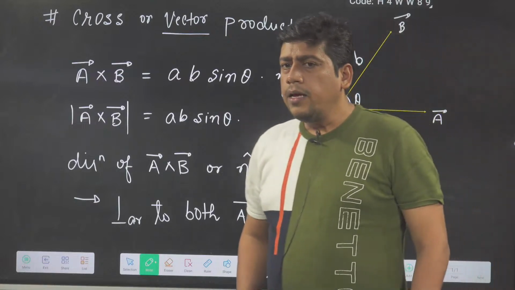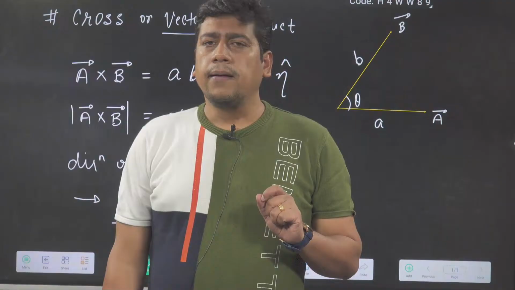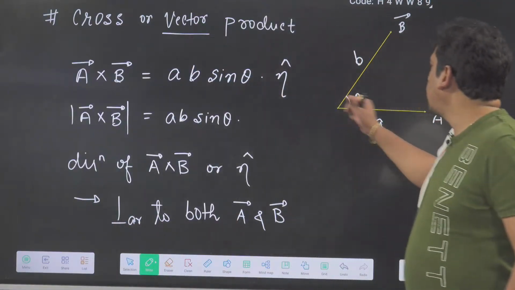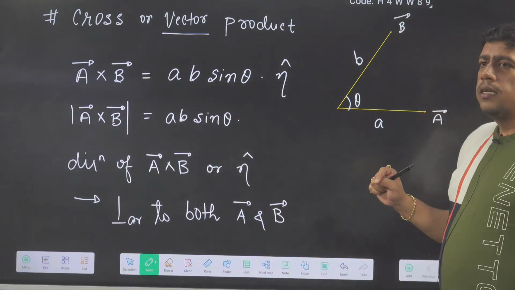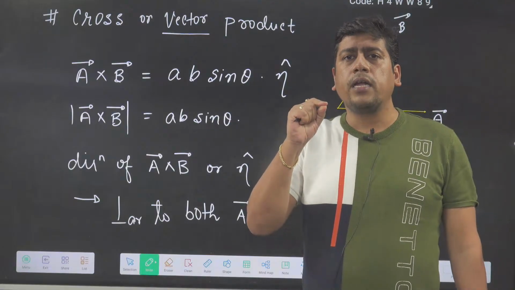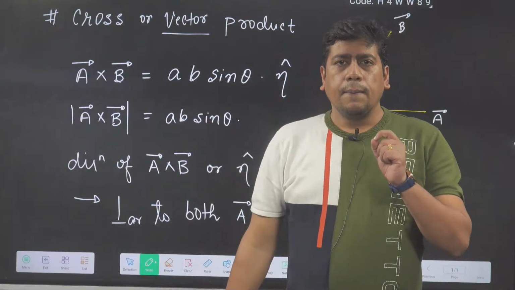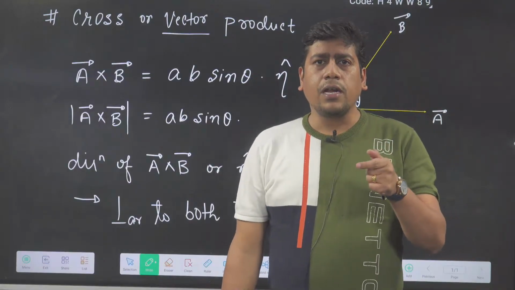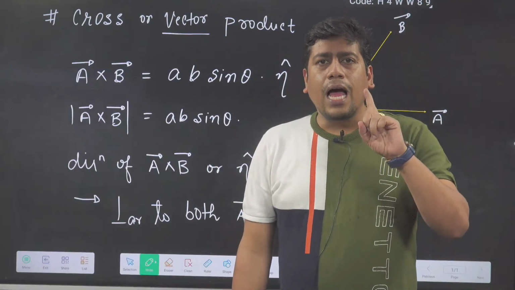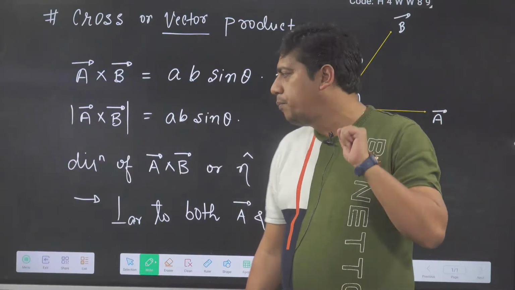Now tell me, if a line has to be perpendicular to two other lines, है ना? ठीक है? A cross B has to be perpendicular to both A and B. So it is only possible when A cross B is perpendicular to the entire plane containing A vector and B vector. Again, I will repeat. A cross B has to be perpendicular to the plane containing A vector and B vector.